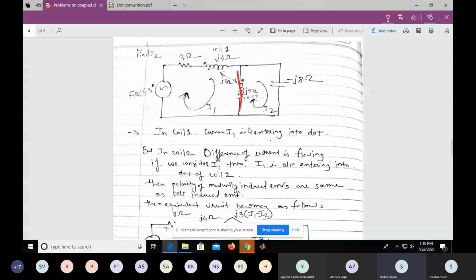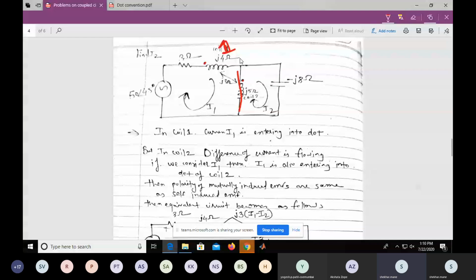In coil 1, only one current is flowing, I1, entering into the dot. But in coil 2, there are two currents.